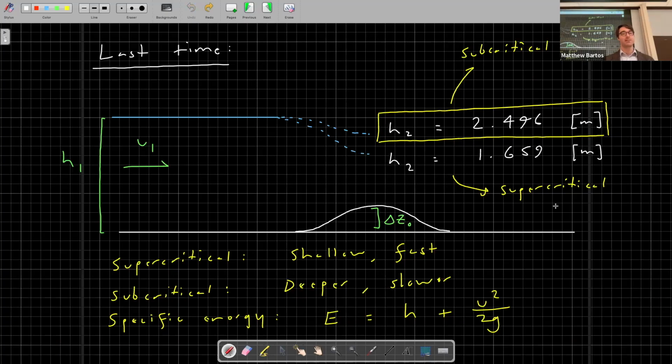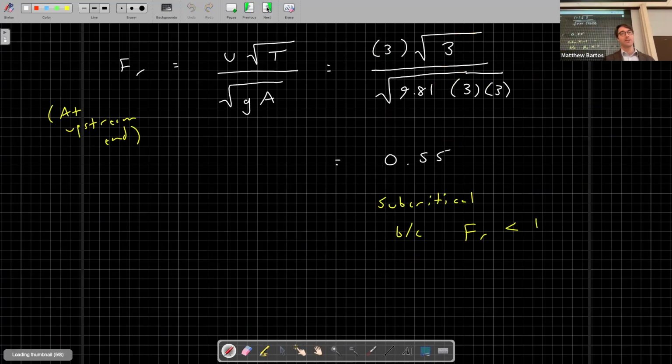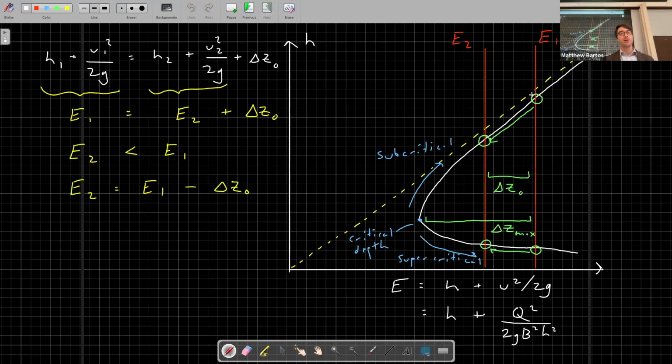And what you'll end up with is supercritical flow at the alternative depth to H1. So you would go all the way from E1 here down to this E1 at the opposite side. At the crest itself, it would be here.